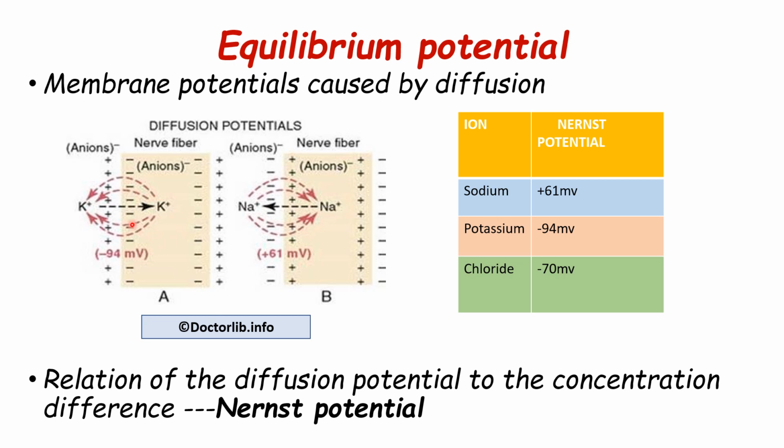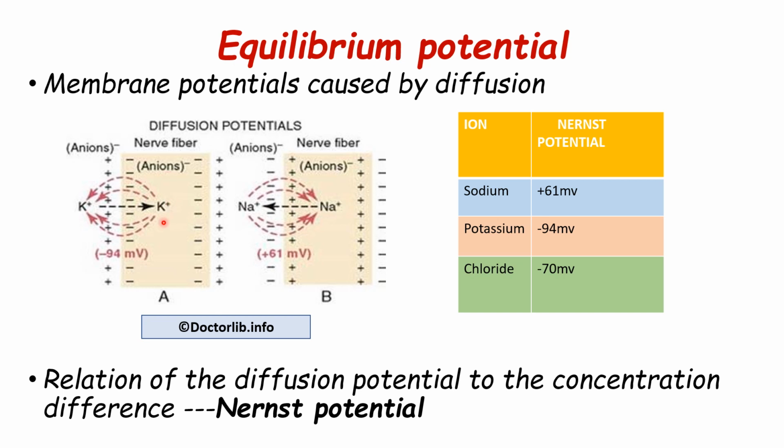So let us explain it further with a hypothetical situation. This is the cell and this is the cell membrane. Inside is negative, and let us consider that there is no potential to begin with. The membrane is permeable to potassium ions but not to the anions present inside the cell.